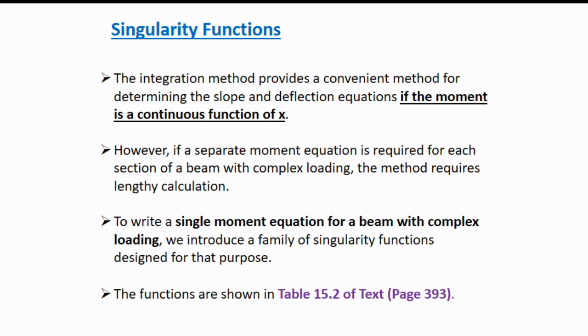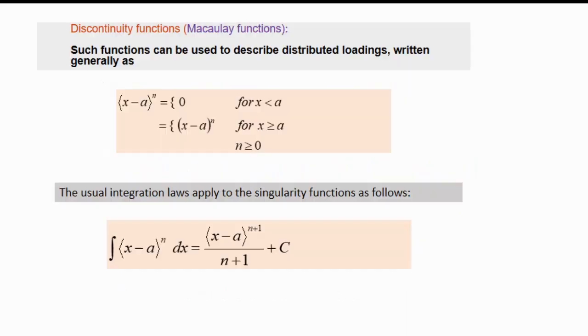To help with this, we have to introduce a function known as the singularity function. The functions are shown in table 15.2 of your text. In general form, the function is written using pointed brackets: ⟨x - a⟩ⁿ.